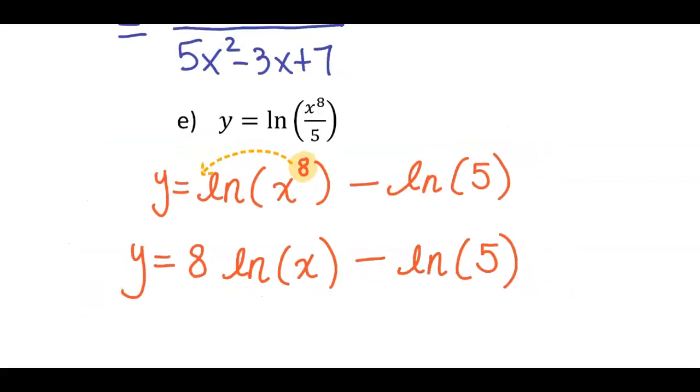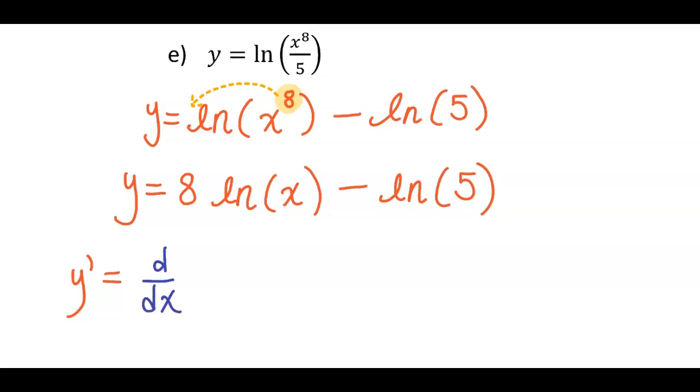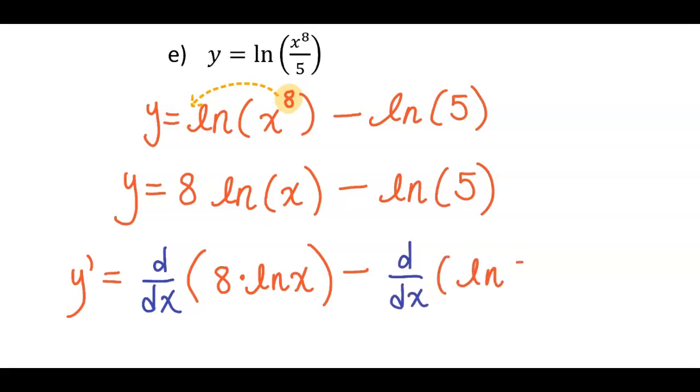Now I will take the derivative of both sides, okay? So what's y prime? Watch very carefully. I will put d dx, derivative of the first term, which is 8 times natural log of x, right? Minus the derivative of natural log of 5.